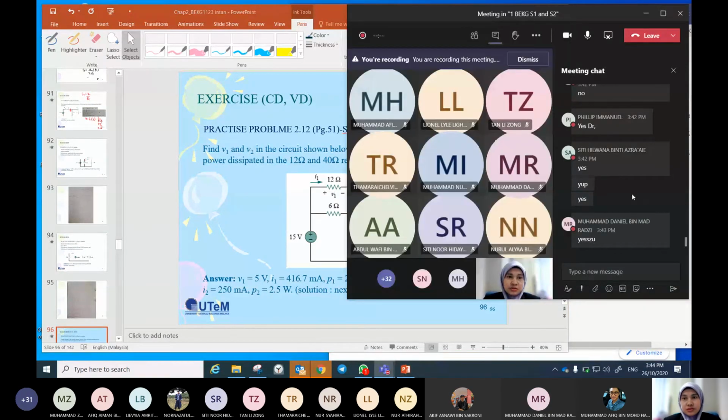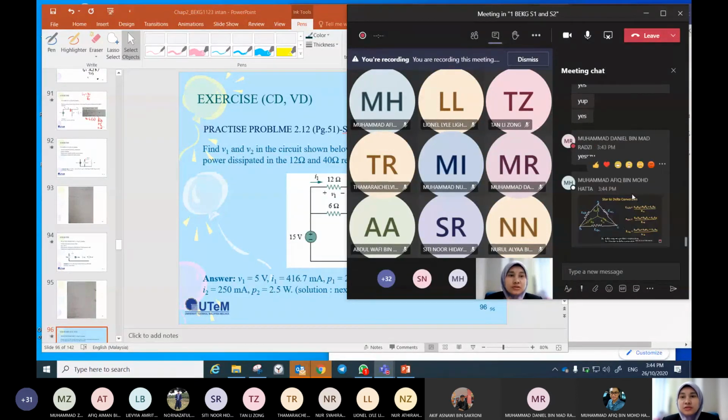So, if you can understand KVL, KCL, Ohm's law, current divider, voltage divider, power calculation, star delta transformation, then it is good because you will learn more complicated circuit in nodal analysis.